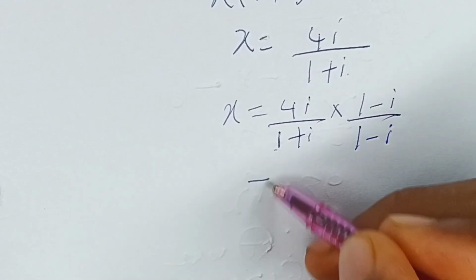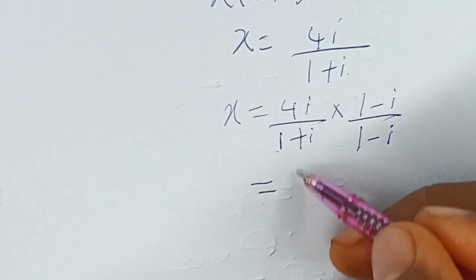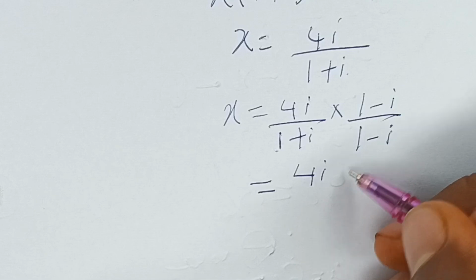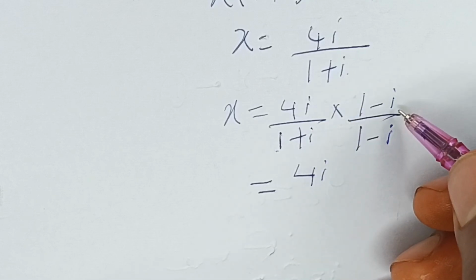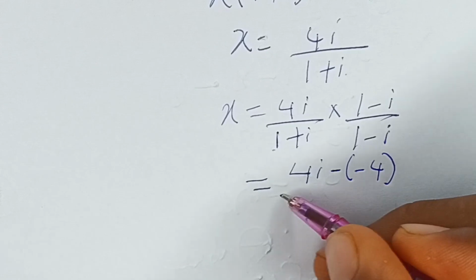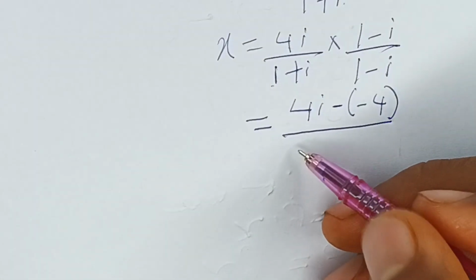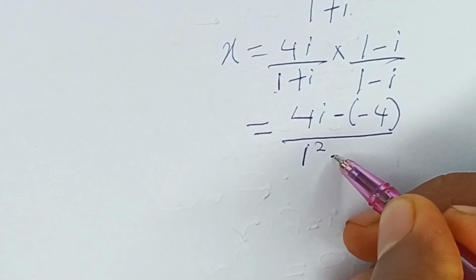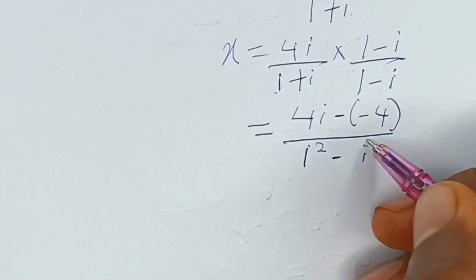So we now have 4i times 1 is 4i. 4i times (−i) is, i times i is minus 1, so minus times minus is 4, all over 1 squared minus i squared.